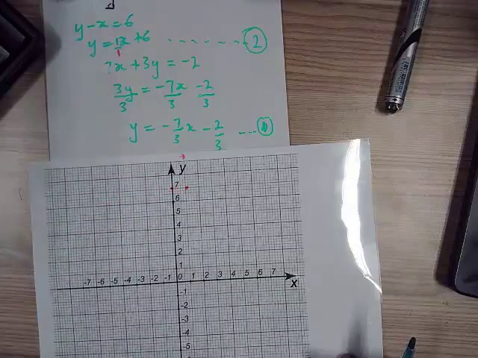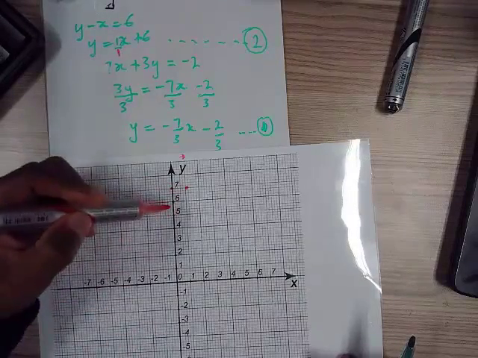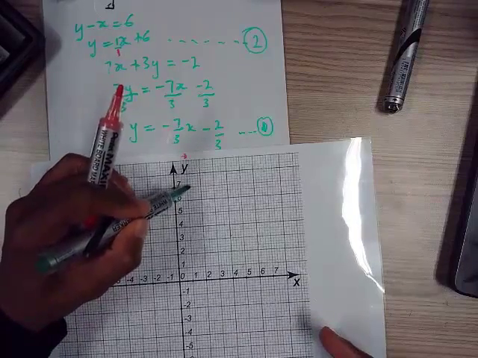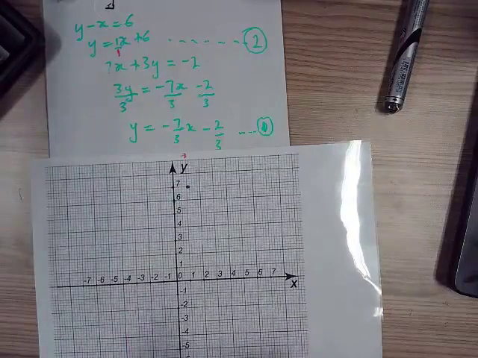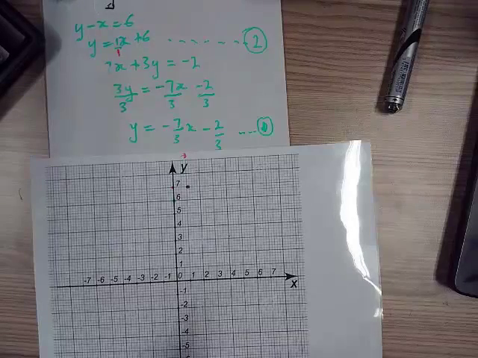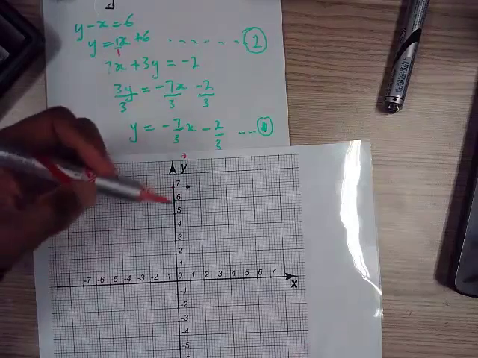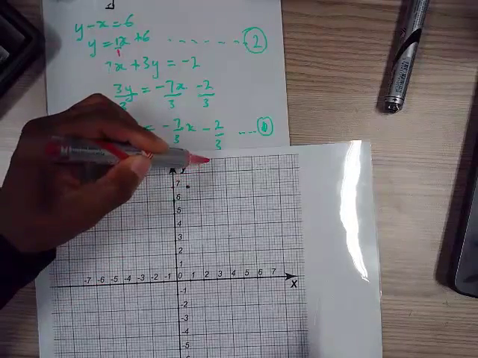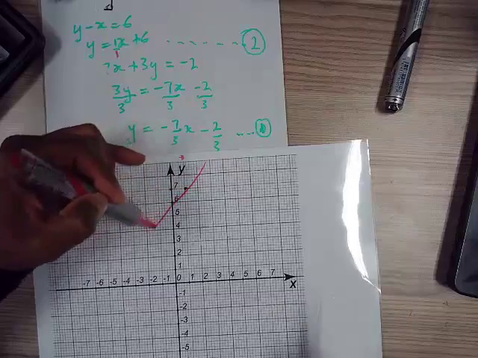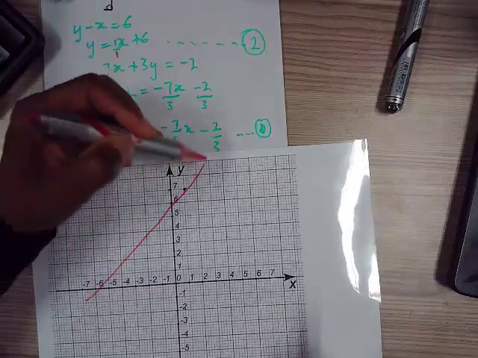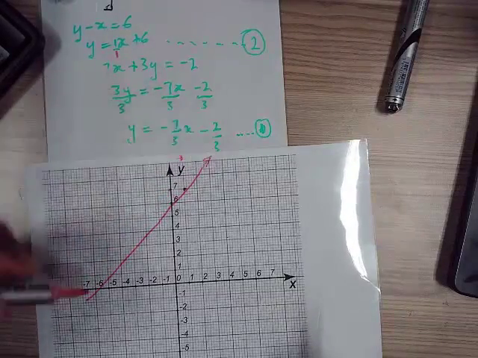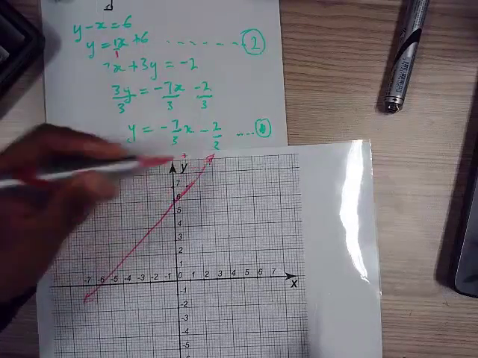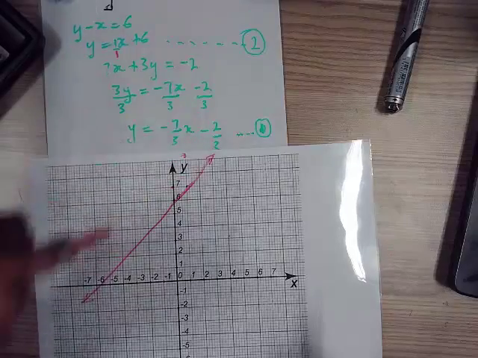So you've got this intercept here, and you have that intercept there. All right, so now you can plot the graph by combining these 2 points here, putting a straight line there.